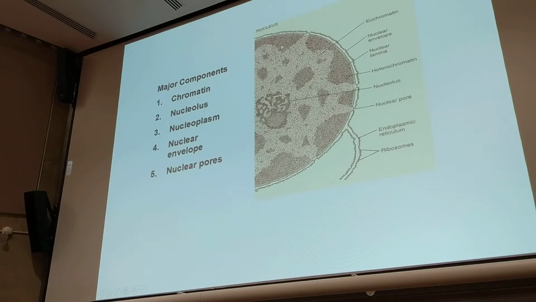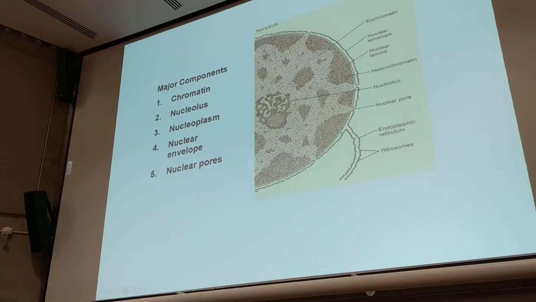Then we have the chromatin here in two main forms. One is densely packed here, which is called the heterochromatin, and it's associated with the inner portion of the nuclear envelope here.